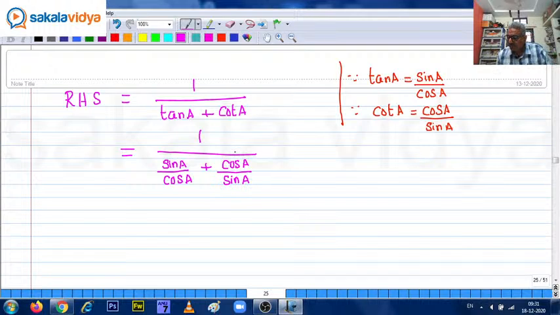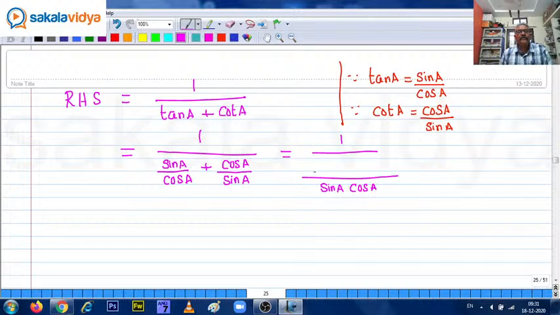So now what do you get here? This equals 1 upon, here sin A cos A is the LCM. Cos A cancels, sin A into sin A is sin square A, plus sin A cancels, cos A into cos A is cos square A. Here we have one interesting formula: sin square A plus cos square A equals 1.